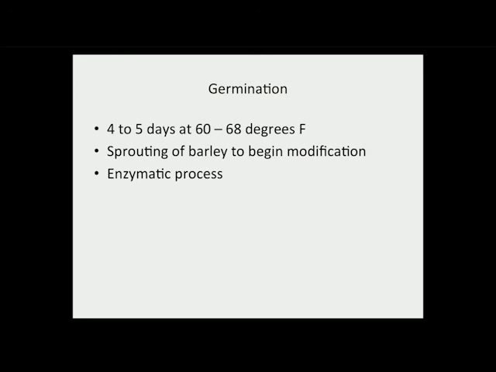Germination usually happens for 4 to 5 days at about 60 to 68 degrees Fahrenheit. During this process, the barley starts to modify, thereby the term modification. You see sprouting occur, which can also be called chitting. This is, like I said before, where the enzymatic process of the barley starts to happen, which you will learn about in another module.